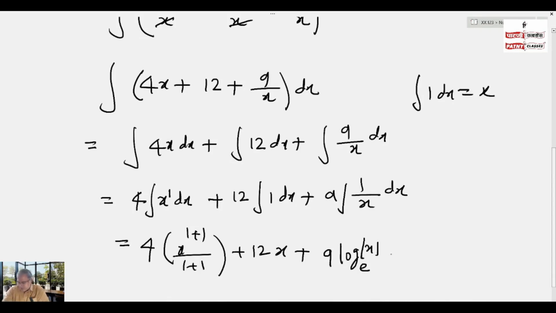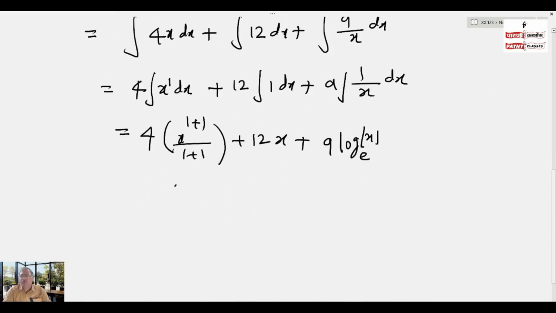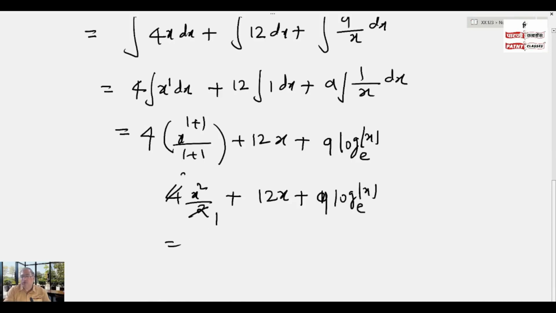So the final answer is 4x square upon 2 plus 12x plus 9 log of modulus x to the base e. If cutting is possible, you can cut them: 2 ones are 2, 2s are cut down. So 2x square plus 12x plus 9 log of modulus x to the base e plus c. This is the result.